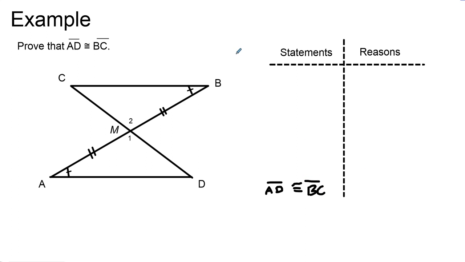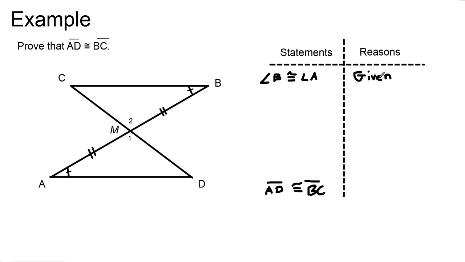So let's start with our given information. We know that angle B and angle A are marked as congruent. So let's go ahead and write that out. Angle B is congruent to angle A. And that's given.